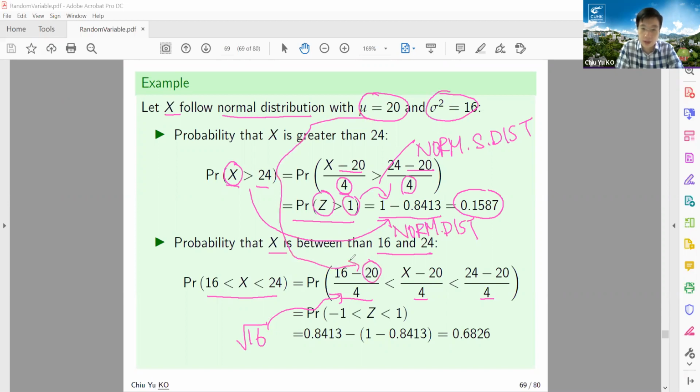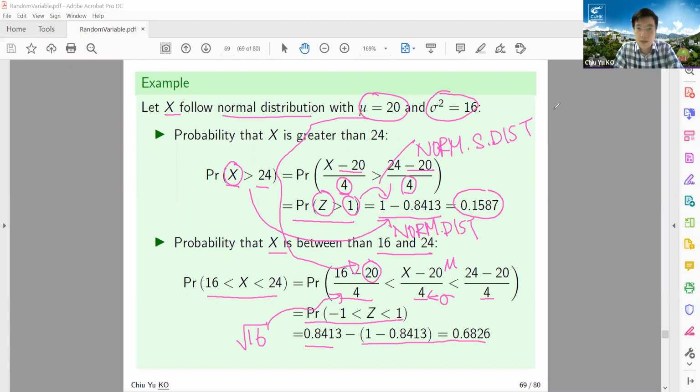Just to make sure: 20 is the mu, and 4 is the sigma. We're using this all the time, so don't worry if you feel weird, you'll become more familiar. Here x becomes z equals -1 and 1, so this gives you the answer.